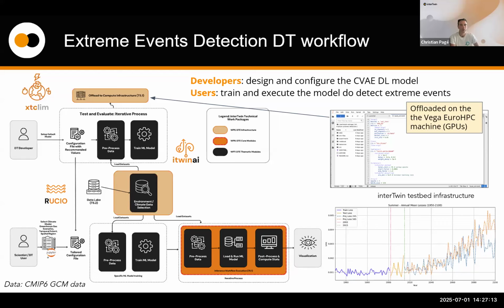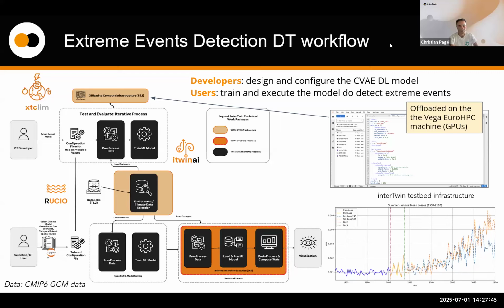And the developer will tune this configuration so that the results are what is expected with the method. Since it is quite a novel method, because this kind of deep learning method was never used to do data analysis for climatic extremes, this method had to be evaluated for its robustness in the data analysis.